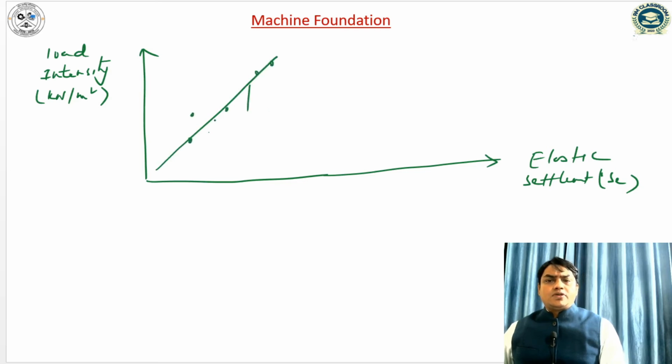And the slope of this curve, tan theta, is equal to the coefficient of elastic uniform compression.